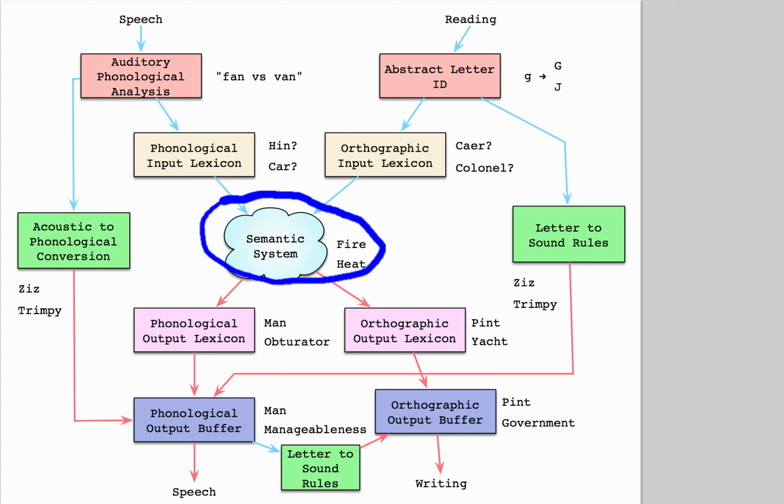One of the things that we would have to assume is that, let's say, we had a patient who had moderate to severe semantic impairment. And that was it. No other damage in any of these other processors.